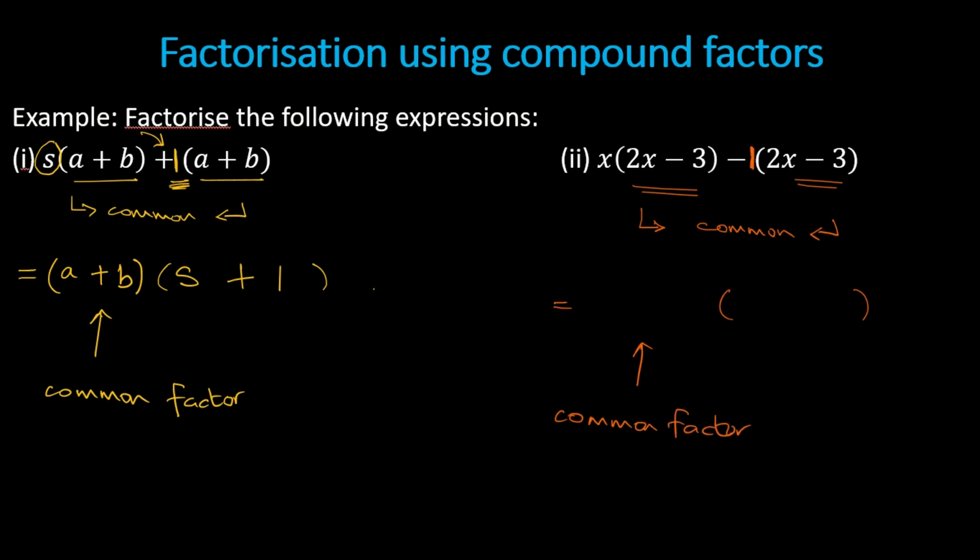And what is the common factor here? It is simply 2x minus 3. And in the second bracket, we are left with x minus 1, right?